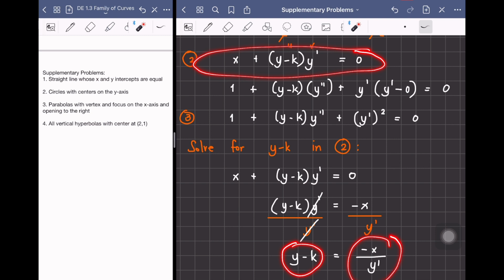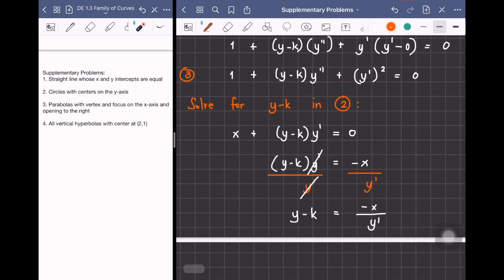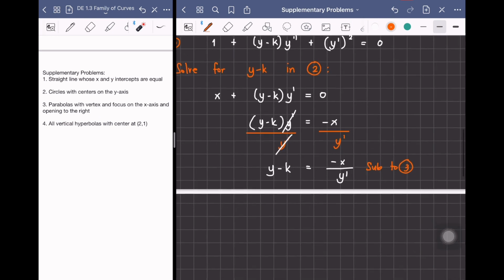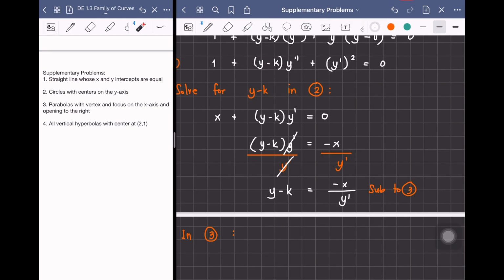So, this value, we will substitute to equation 3, particularly in this part. Okay. So, let me note here, substitute to equation 3. So, in equation 3, okay, let me write. Let's copy the equation. So, we have 1 plus y minus k times y double prime plus y prime quantity squared equal to 0.